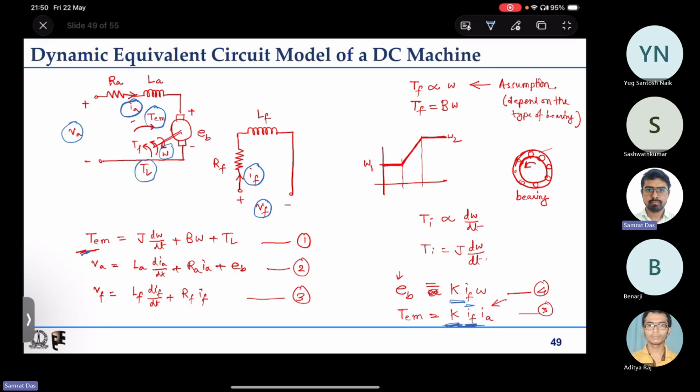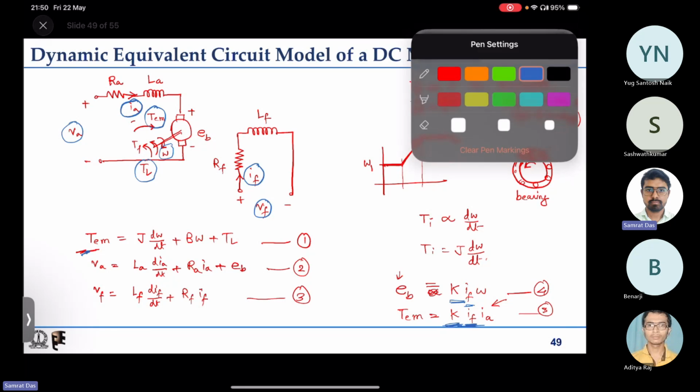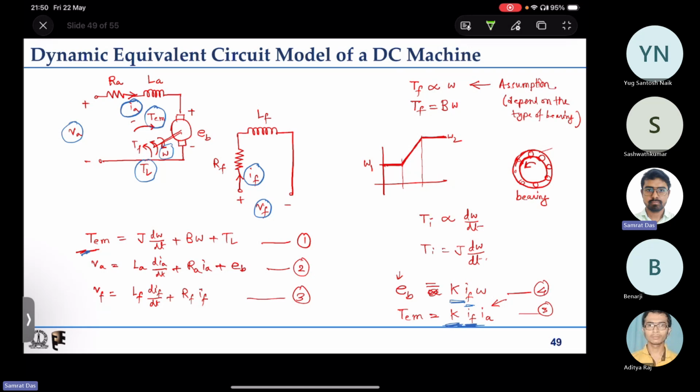But you can see that there are certain quantities whose values do not change with time. So what are those? For the second equation, to start with the armature circuit, we have the armature winding resistance and armature winding inductance. We have seen what the armature circuit inductance is, and how it changes with rotor rotation.